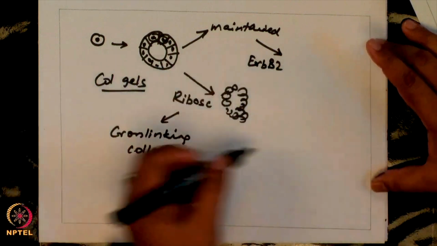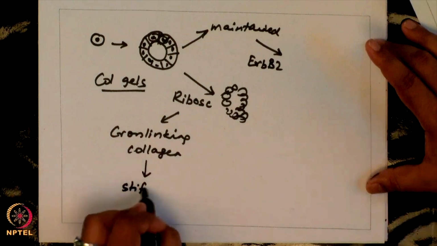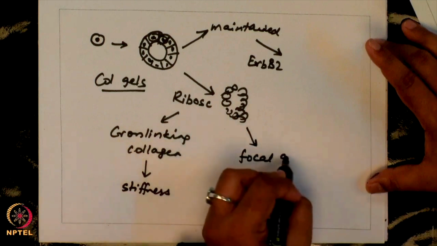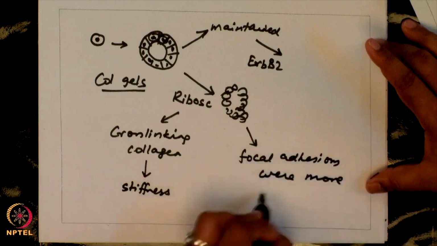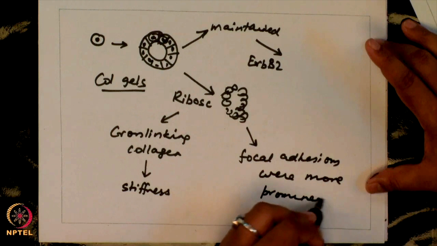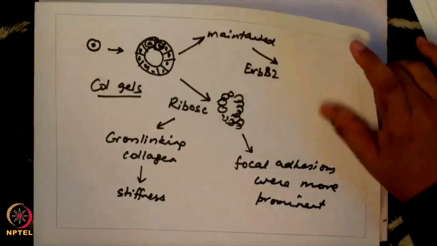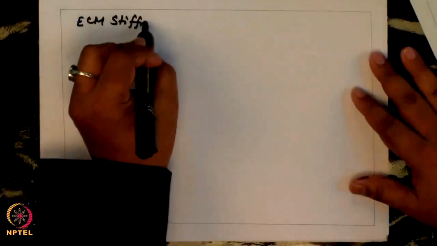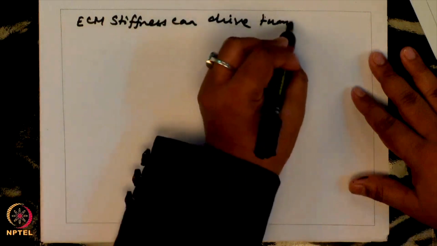And in all these cases, when they added the ribose, so cross linking collagen means increase in stiffness, focal adhesions were more prominent. So taken together, what these results suggest is that ECM stiffness alone can drive tumor progression.